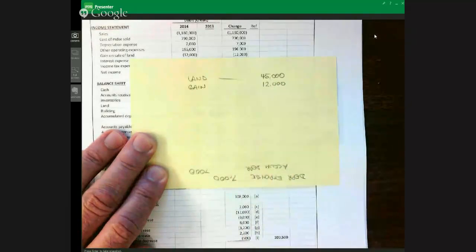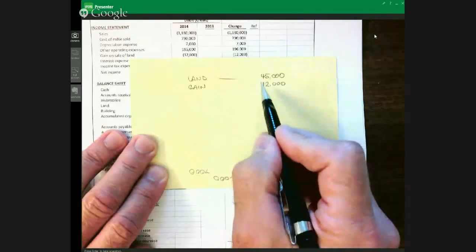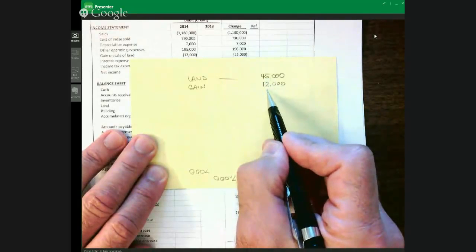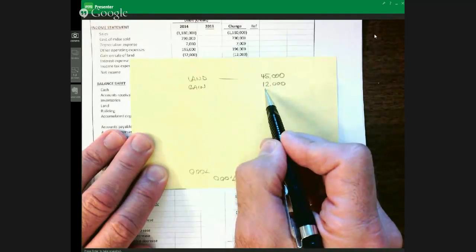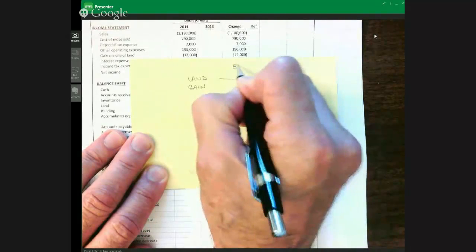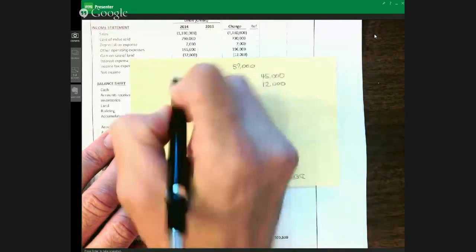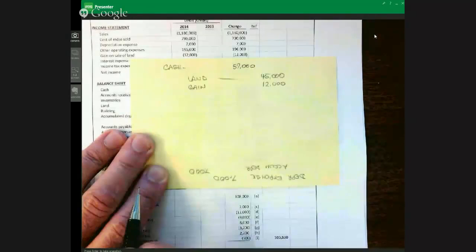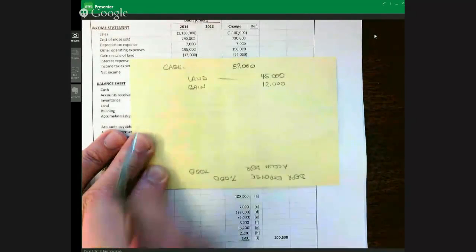Okay, so if the land originally cost $45,000 and the company sold it at a gain of $12,000, the amount of proceeds from this sale must have been $45,000 and $12,000, or $57,000. That is the amount of the selling price and the cash that the owner received.